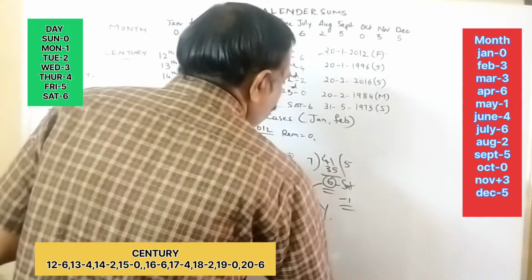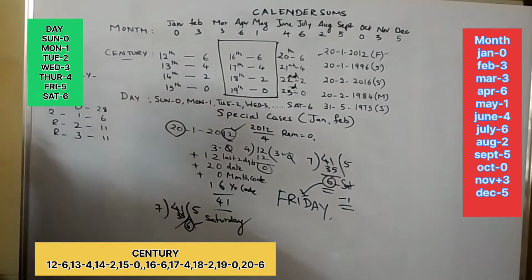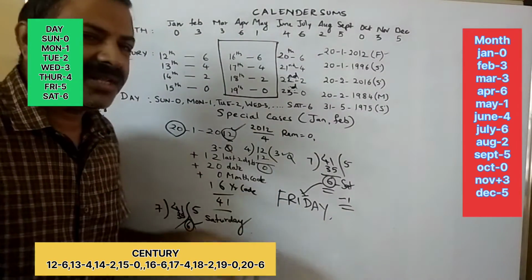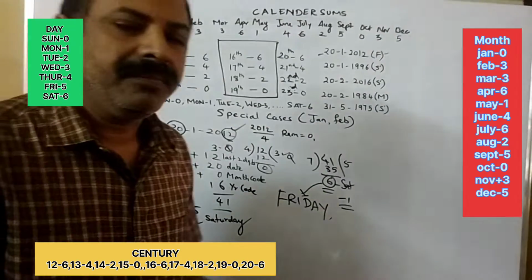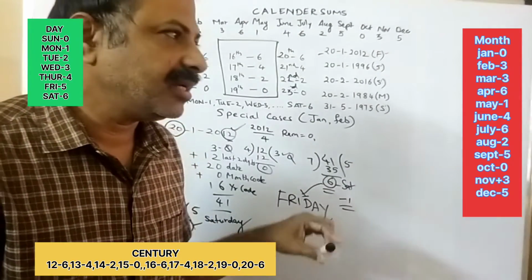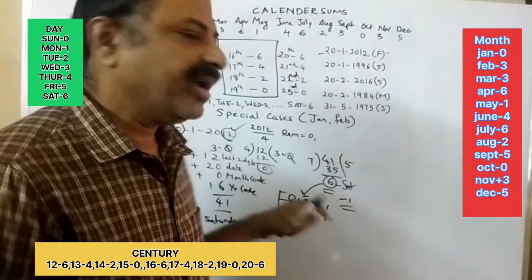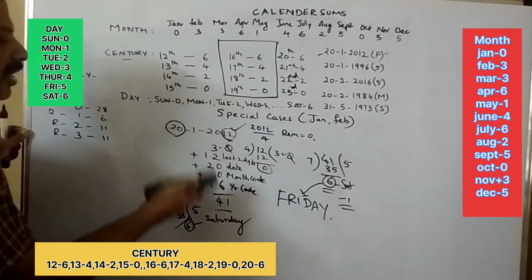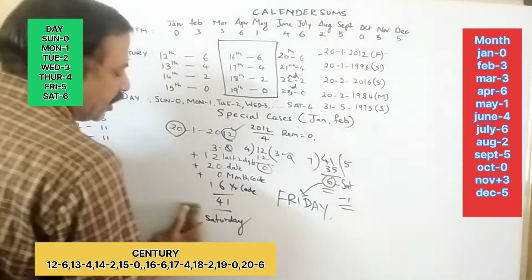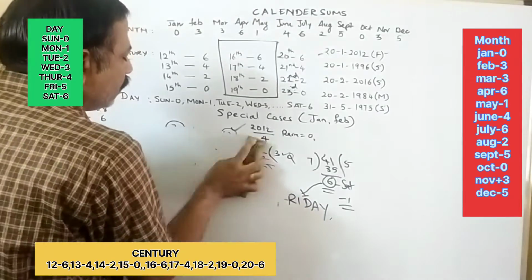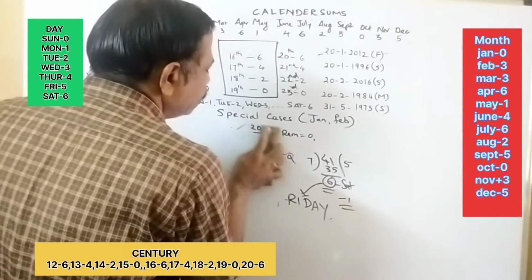Let me check one more example. Hope this is clear. If you want to check this again, go back 10 or 20 seconds in the video and watch again so that you get the complete picture. One date we have checked.